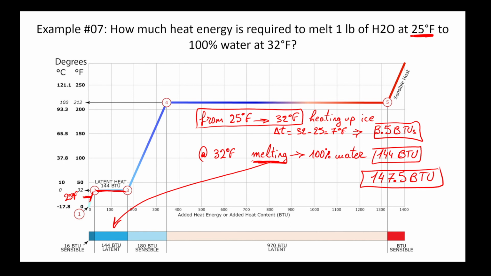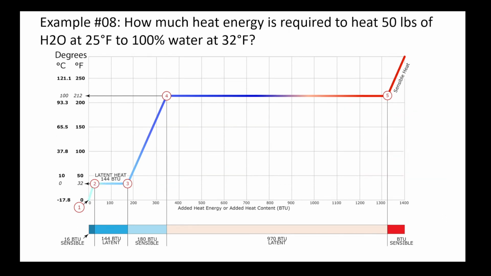Okay, that's question 7. Let's go to question 8. Example 8: how much heat energy is required to heat 50 pounds of H2O at 25 degrees Fahrenheit to 100% water at 32 degrees Fahrenheit?